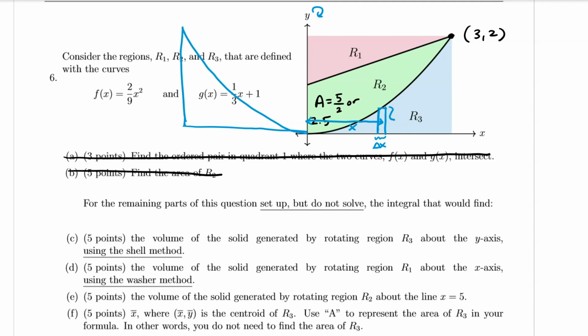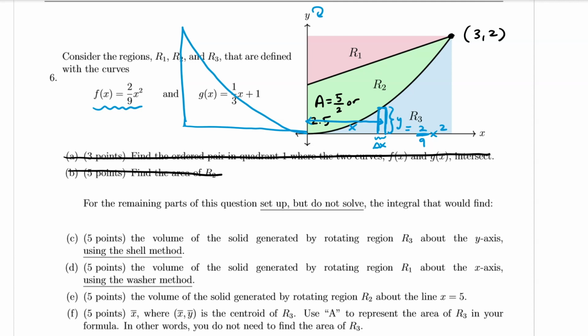The height of our shell is the y value, but because we're integrating with respect to x, we want that in terms of x, so instead of y, it is going to be 2/9 x squared, because the height of our shell is touching the parabola, which was the f of x curve, again, which is 2/9 x squared.